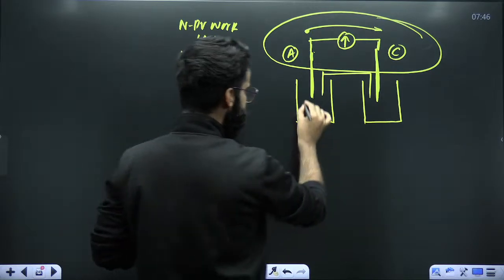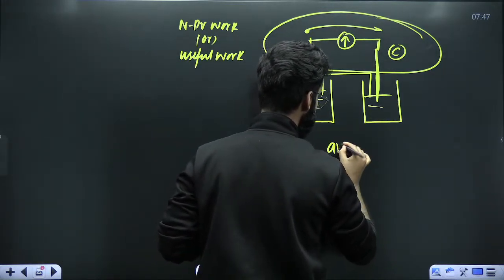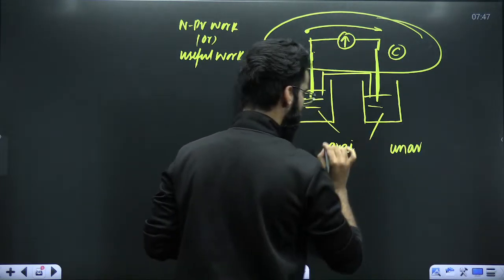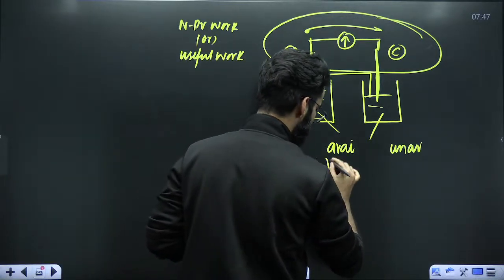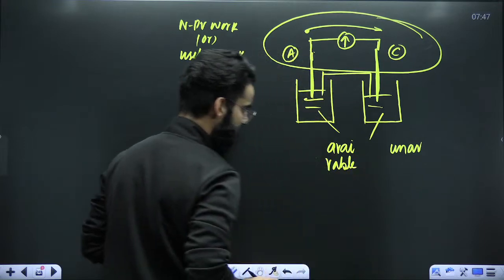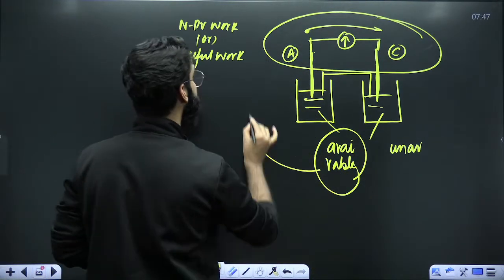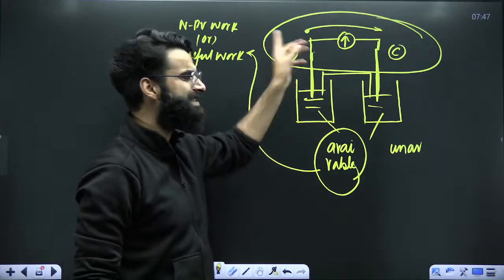Now, my dear students, do remember, as I told you in the beginning also, in the system you'll find two types of energies, available and unavailable. Available energy is that part of the energy which is converted into useful work. What kind of useful work is happening here?